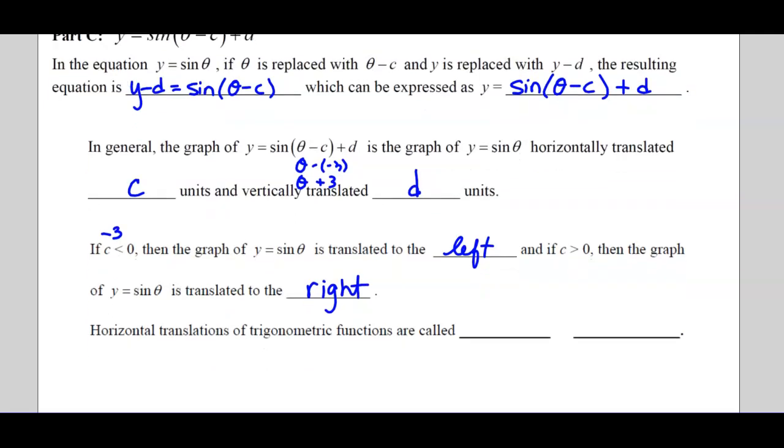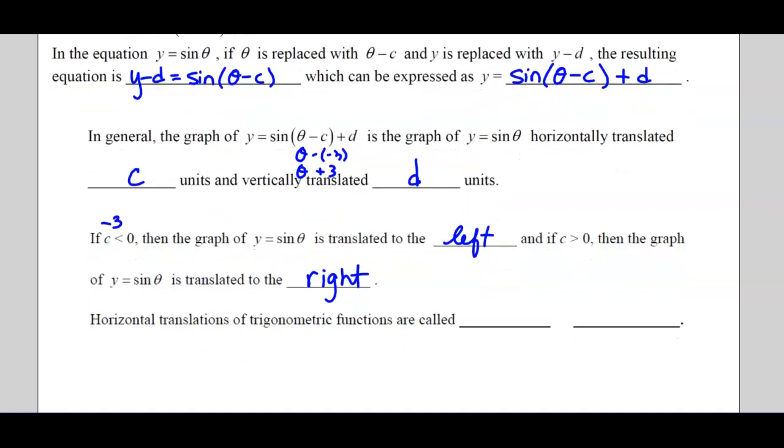Now, a word that we sometimes use, more so in physics, for horizontal translations, is phase shift. Really, that's because you're moving that whole cycle, that whole phase, left or right. So you're shifting it.